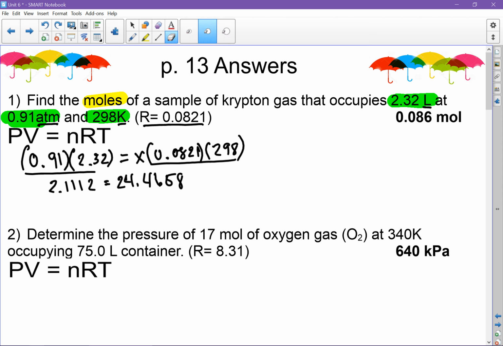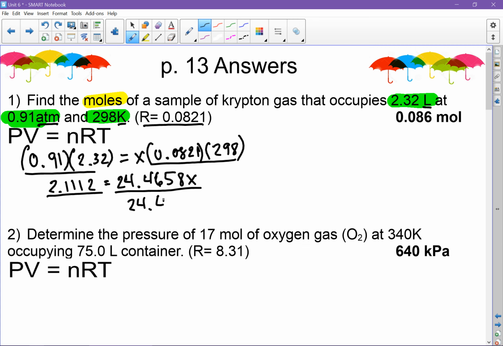Oh, let me make that a little bit more clear. I got 24.4658x. Divide each side by that number. Cancels over here.